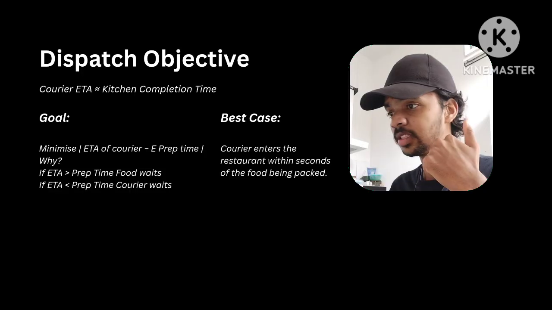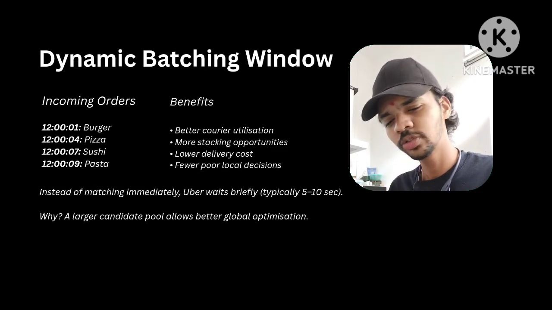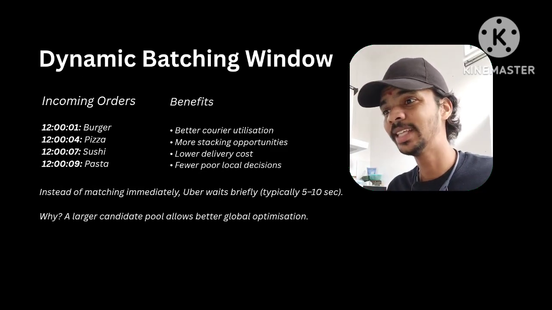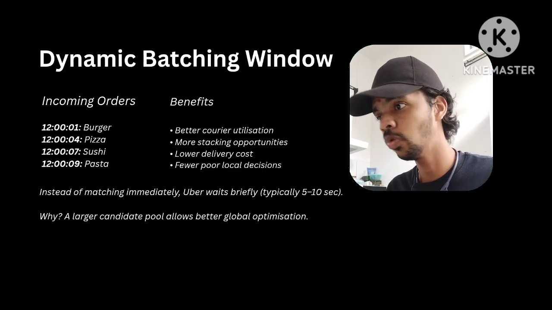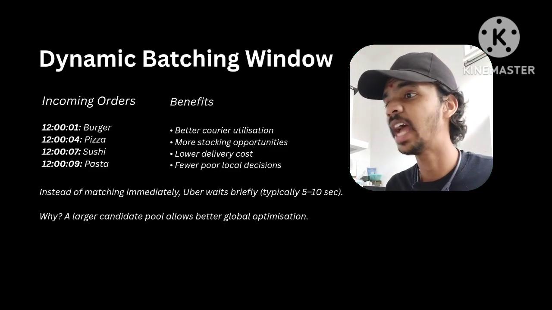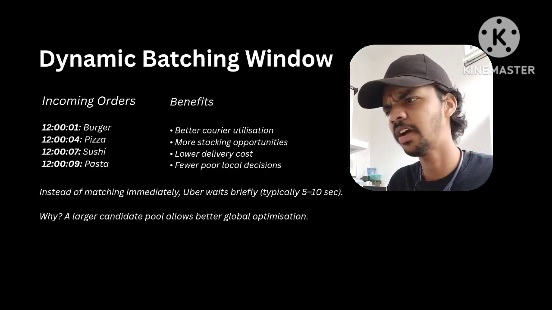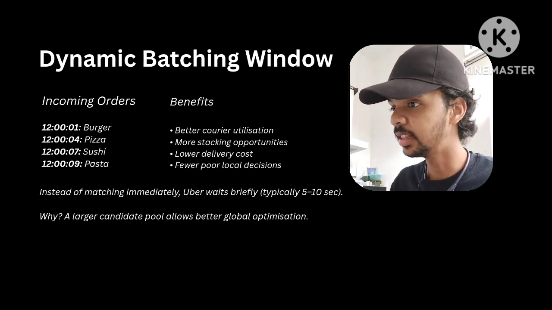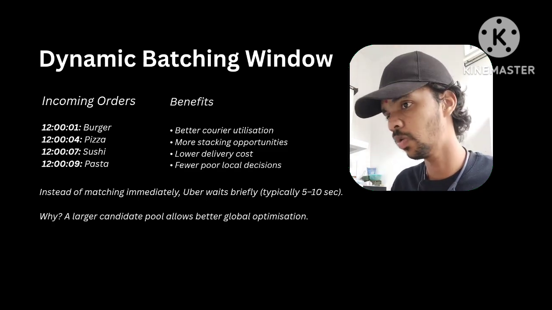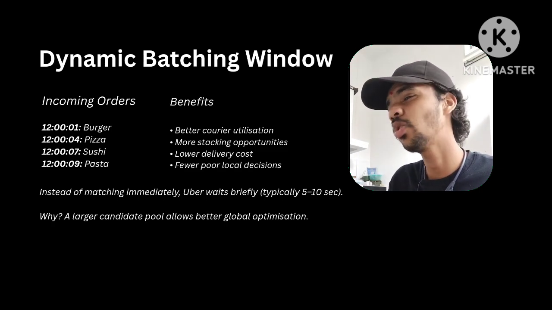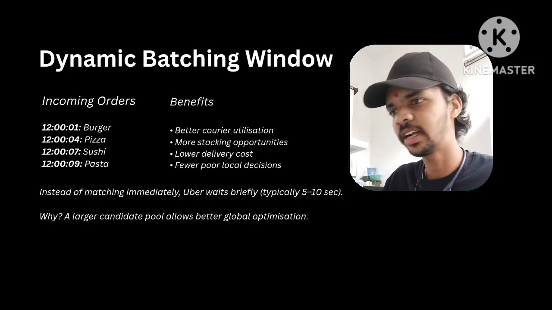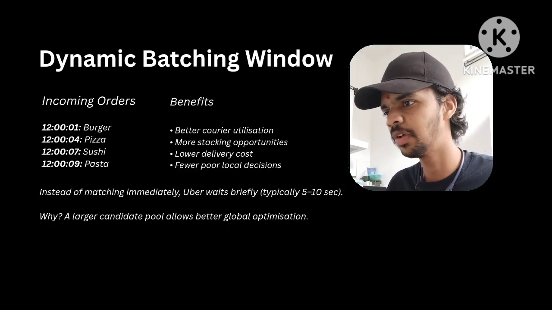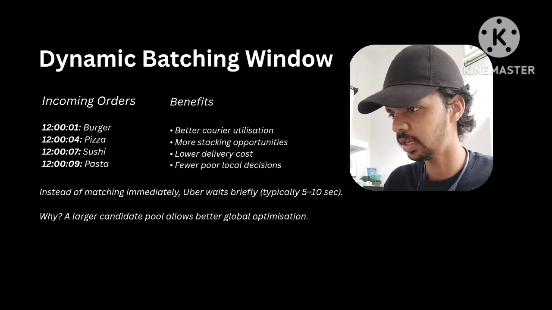The first component of this is the batching window. Instead of matching an order the exact second you press place order, Uber Eats places your order into a dynamic time bucket, typically 5 to 10 seconds. During this window, the system collects all the incoming food orders, active restaurant kitchen status updates, and available couriers within a local area.